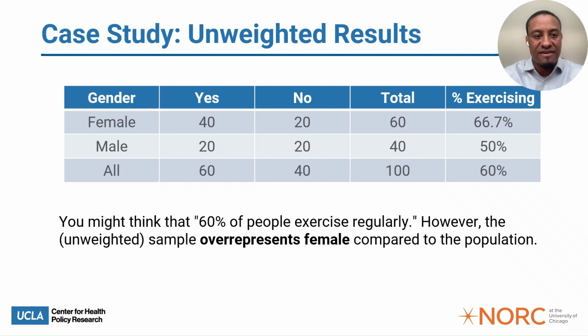Overall, 60 out of 100 in your sample said they were exercising regularly, giving you an overall exercising rate of 60%. Therefore, you might be tempted to conclude that 60% of the population in this region exercise regularly. However, the unweighted sample overrepresents female compared to male in this population. Therefore, we are going to weight the sample to see if the conclusion will change.